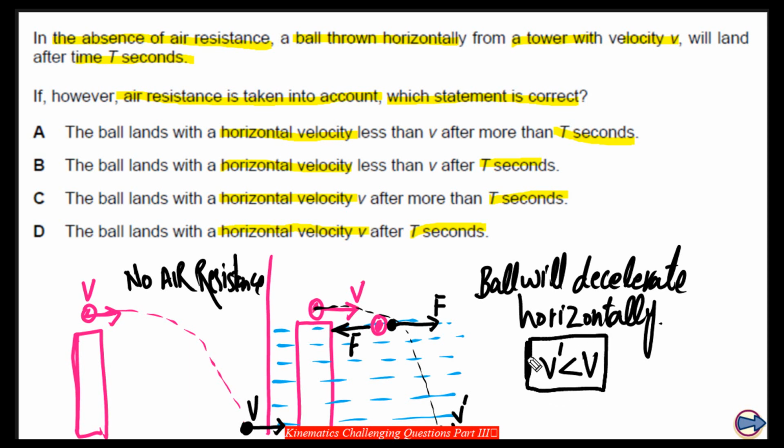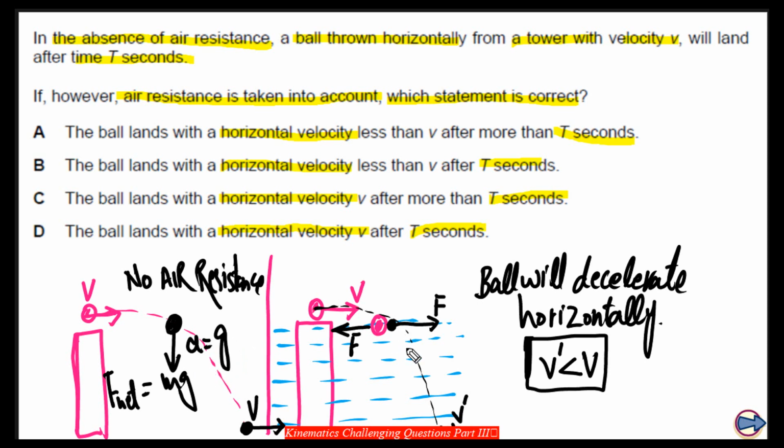Now the second part we have to look at is time taken. In this case, there is no air resistance, so the only force acting on the ball is mg, and this is also the net force. As it is in free fall, a will be equal to g, meaning the velocity will change by g after every second.